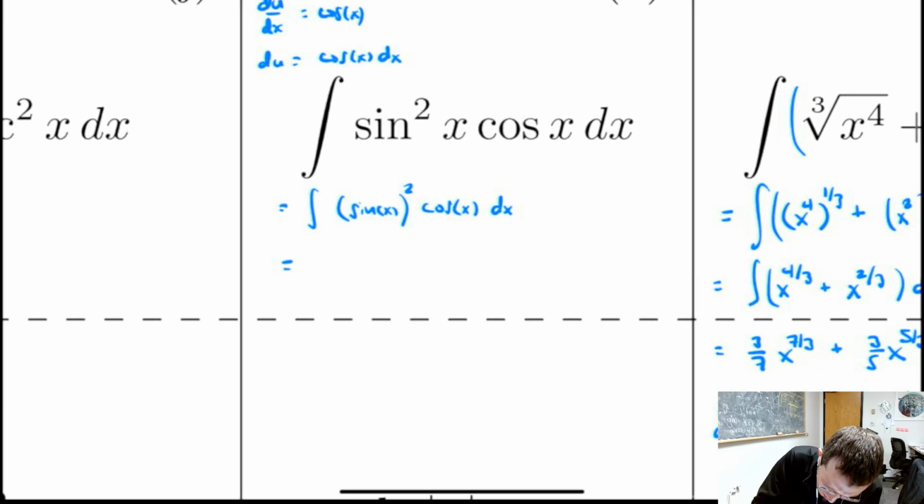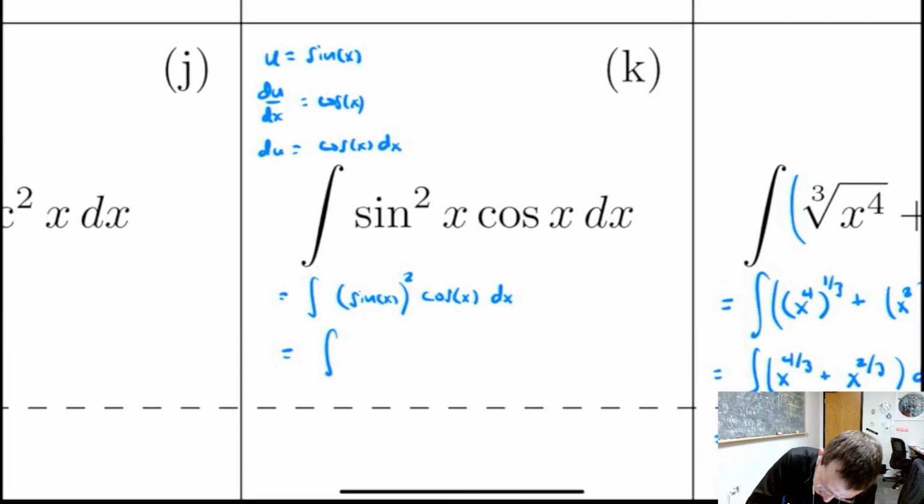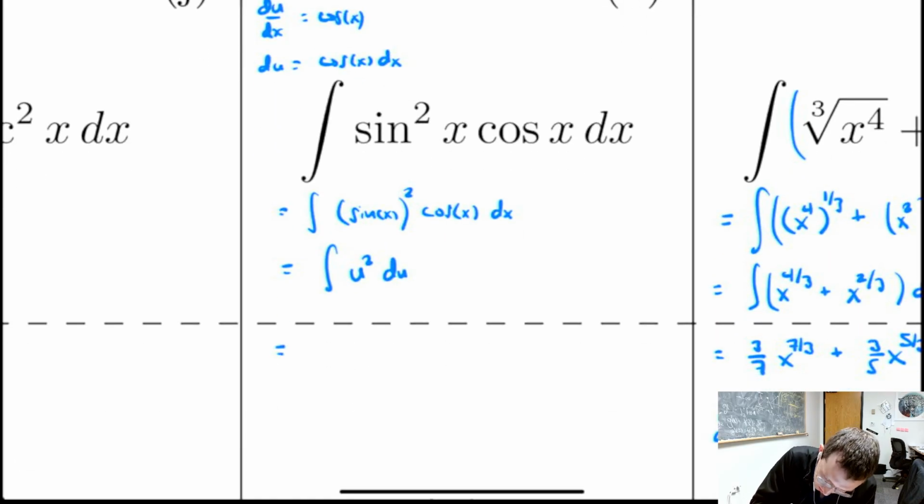So this integral becomes, well, I'm going to replace the u with sine of x, so that's u squared, and then this cosine x is equal to du, so the integral is just u squared.